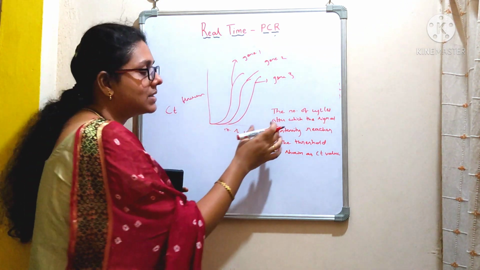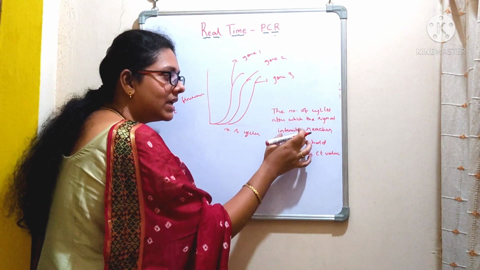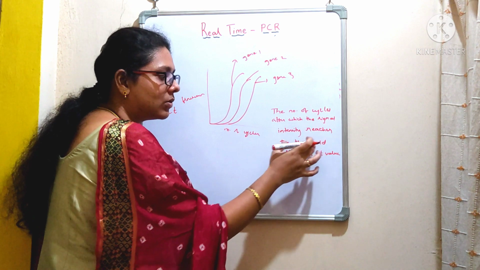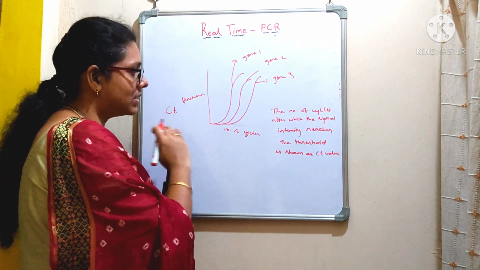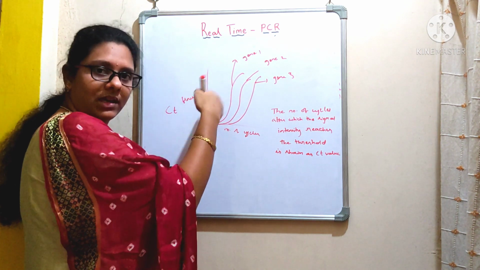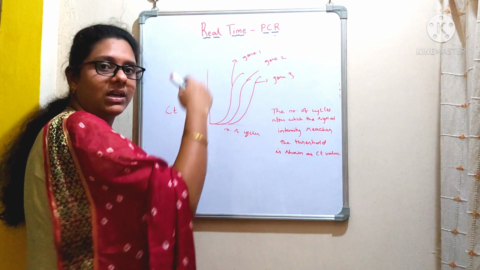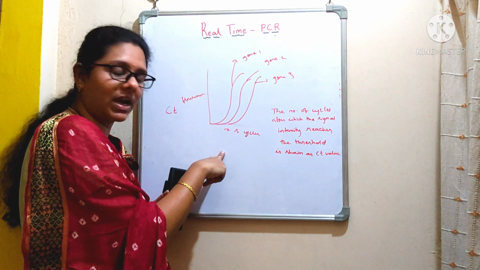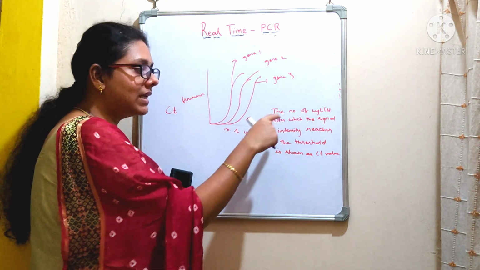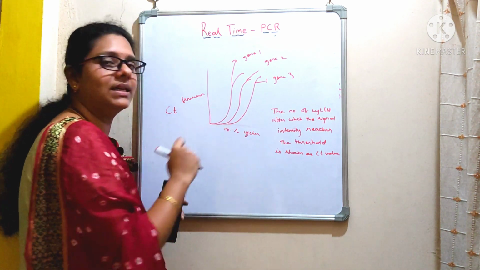That is defined as the number of cycles after which the signal intensity reaches the threshold, and it is known as CT value. The intensity of the fluorescence will also increase with the amplification of the gene, right? So that signal intensity reaching the threshold is shown as a CT value.